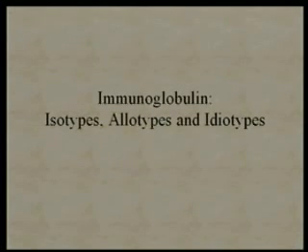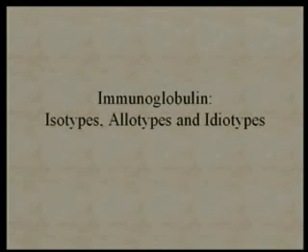In other words, there are going to be some antigenic determinants on an immunoglobulin molecule that theoretically we can make antibodies against. So in this discussion of isotypes, allotypes, and idiotypes, we have to think of the immunoglobulin as an antigen that we're using to make antibodies against, and we're going to discuss the various types of antigenic determinants that you find on an immunoglobulin molecule.